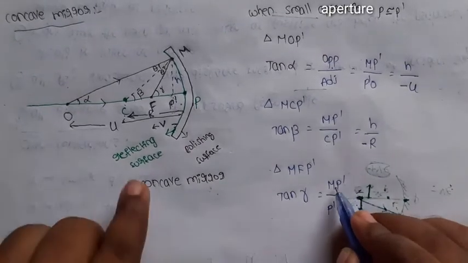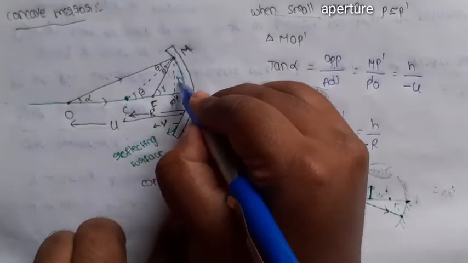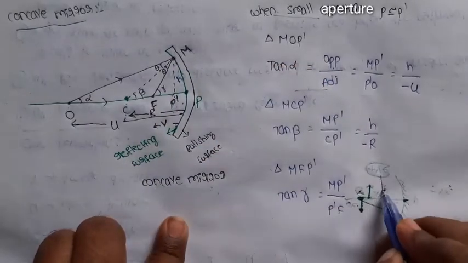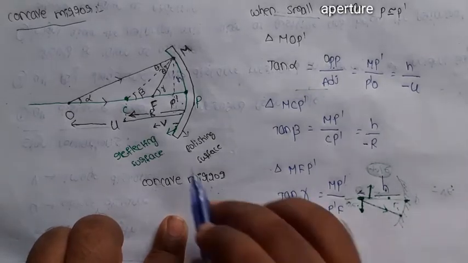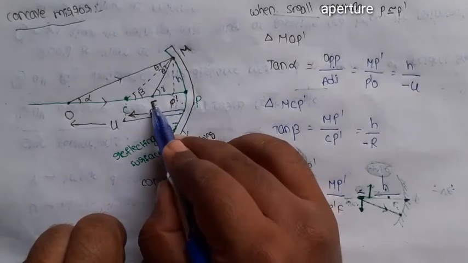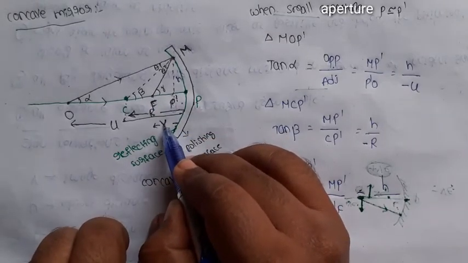Here the M to P dash distance is h. This is M, this is P dash. The P dash to F distance is v, where v means image distance.